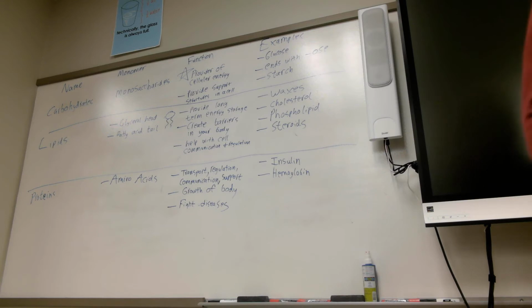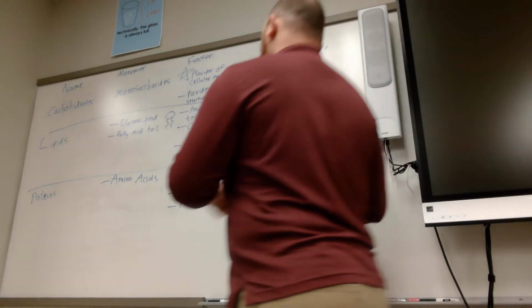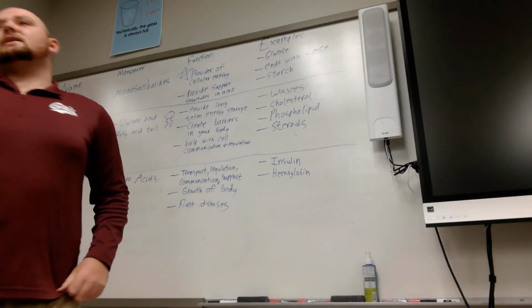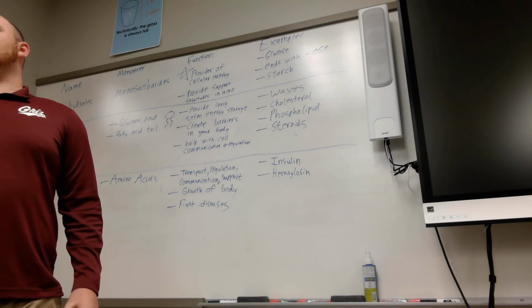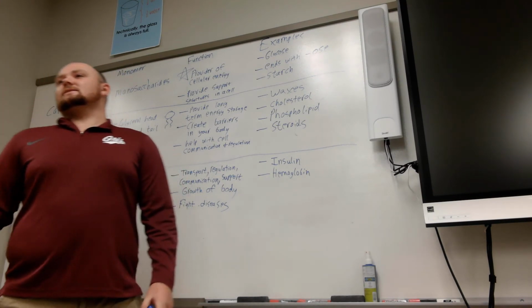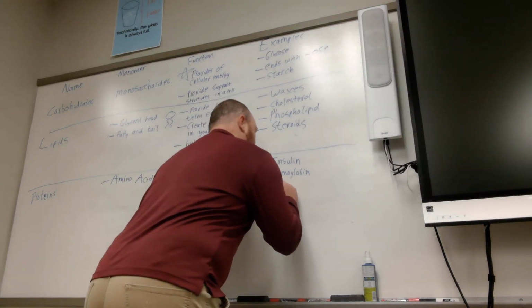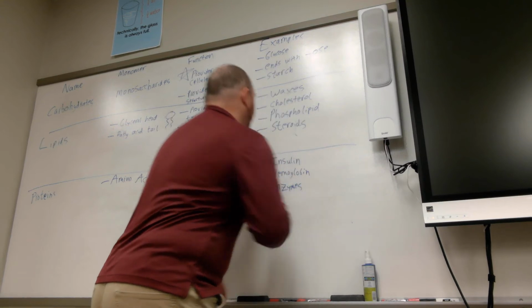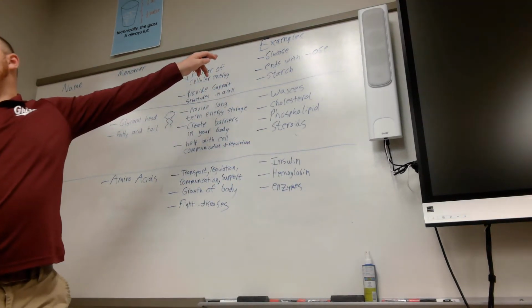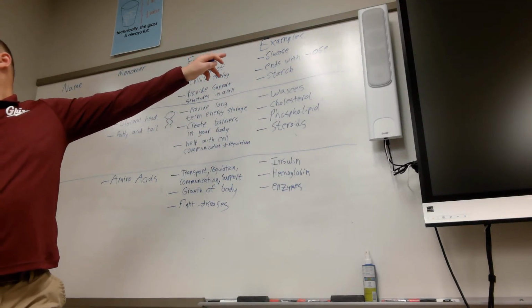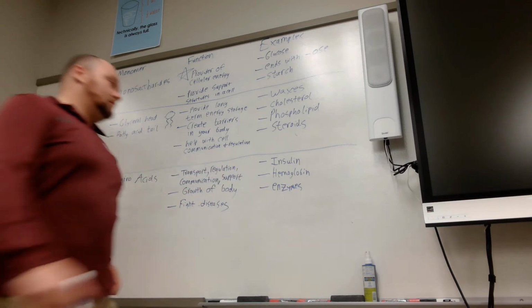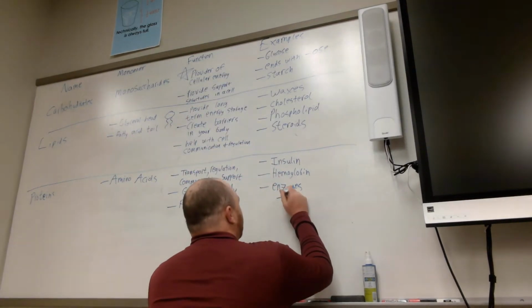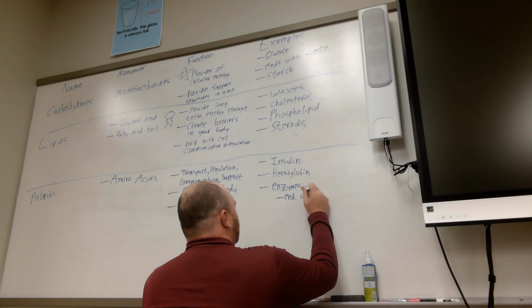Another thing that you'll see in proteins: enzymes are a type of protein. They're a thing that gets things done. And all enzymes, so I'll write enzymes. Just like up here, anything that ends with OSE, down here, enzymes all end with ASE.